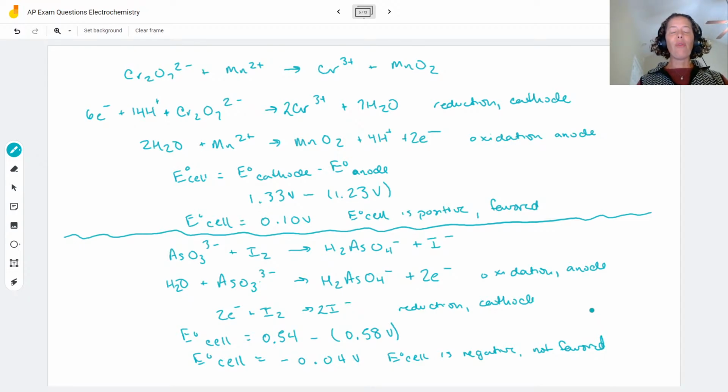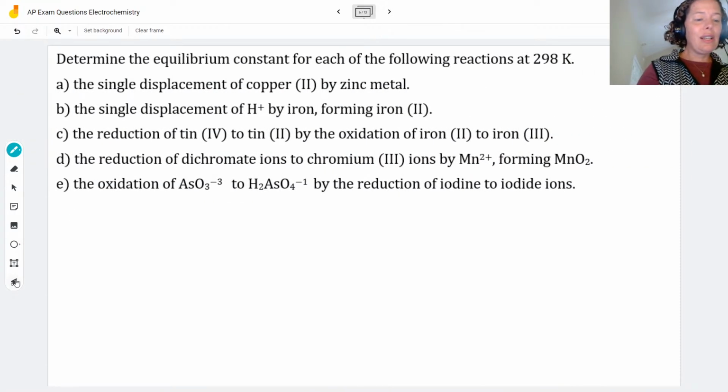All right, so that is calculating E cell for all of those half reactions, but we're going to still need these E cells because check out my next question. So this is kind of why I liked this series of questions. So I've got the same reactions here, A through E, but now I'm going to determine the equilibrium constant for each.